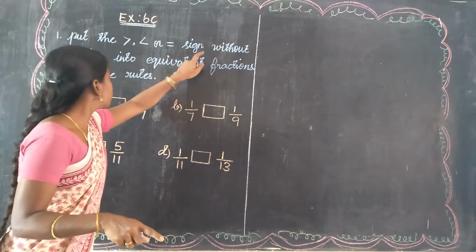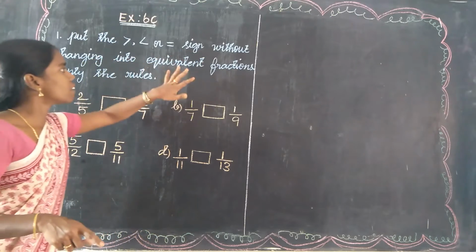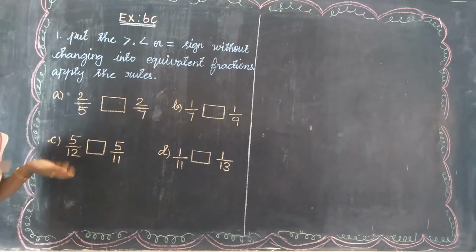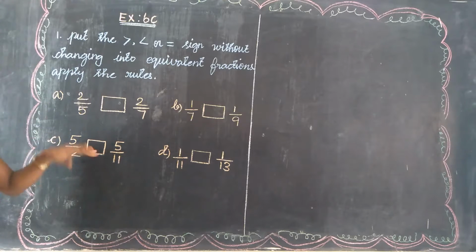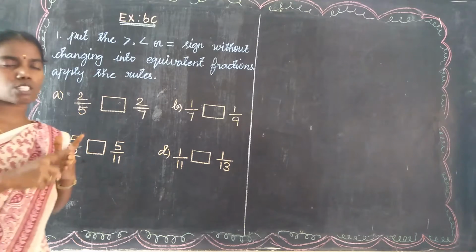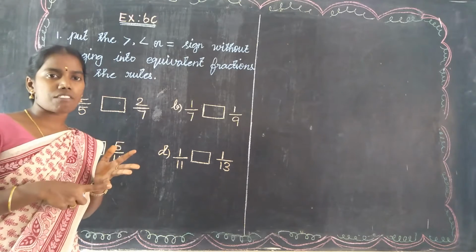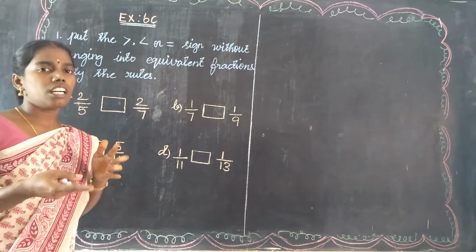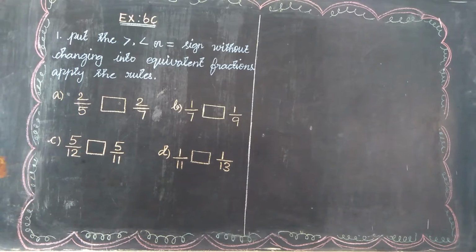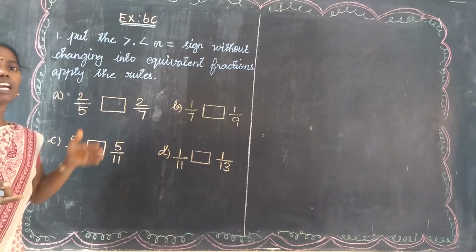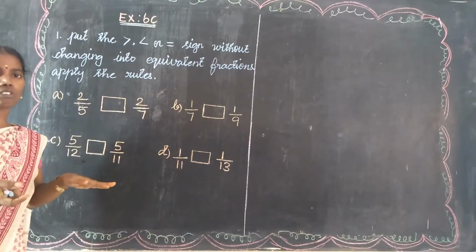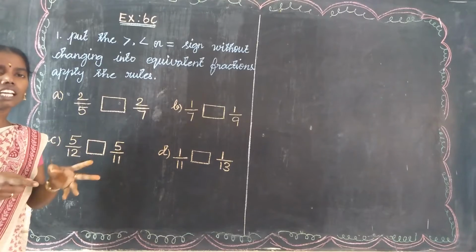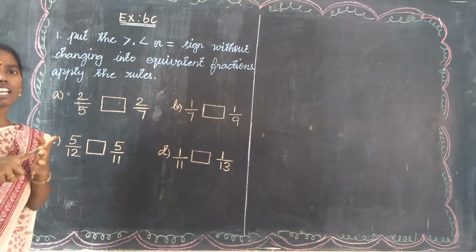Put the sign without changing into the equivalent fraction. We should not change into equivalent fractions; just apply the rules. Fill the box with less than, greater than or equal.